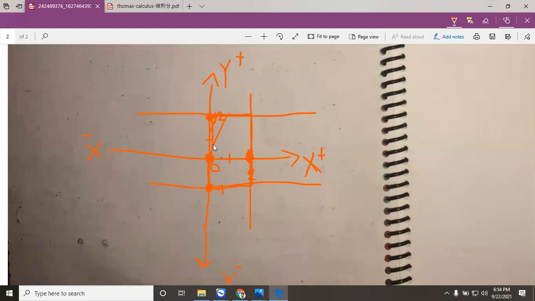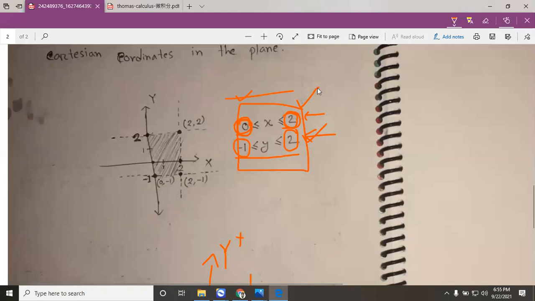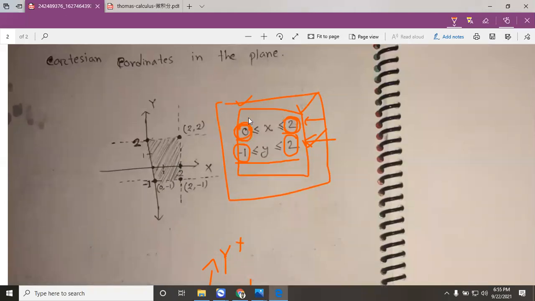Now we got our solution here, this area, okay, this rectangle. Our solution will be this rectangle, okay. So this is the graph of these two inequalities, okay.